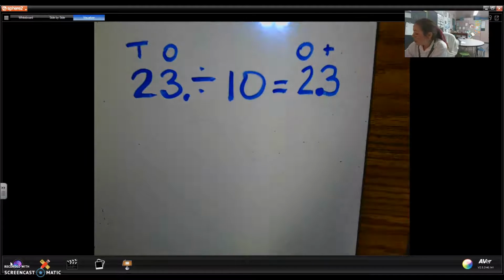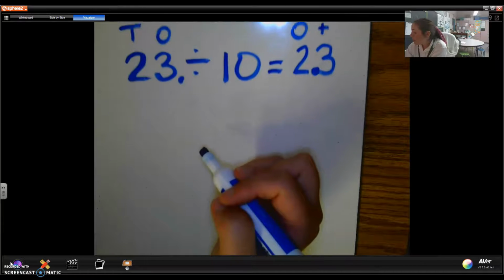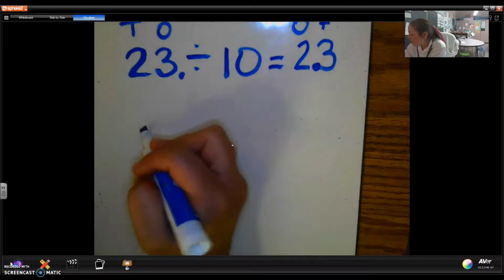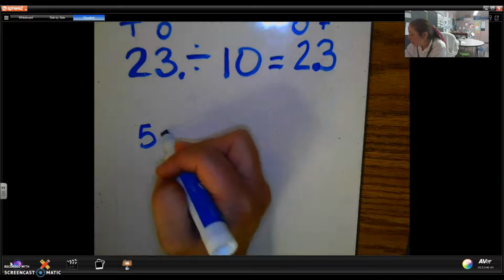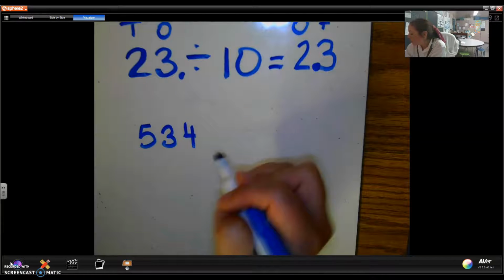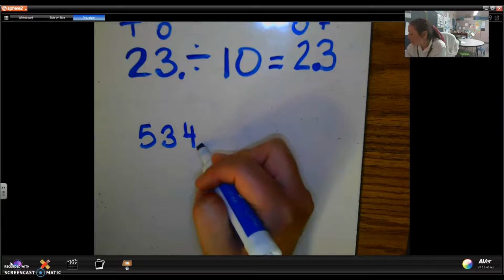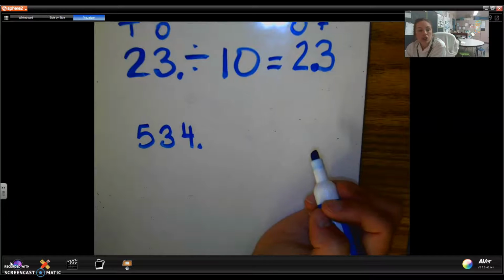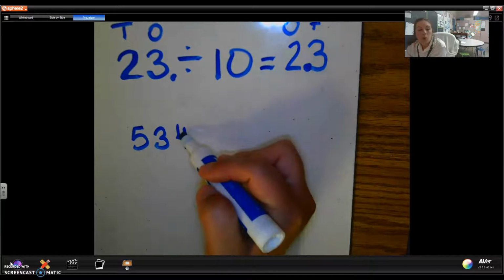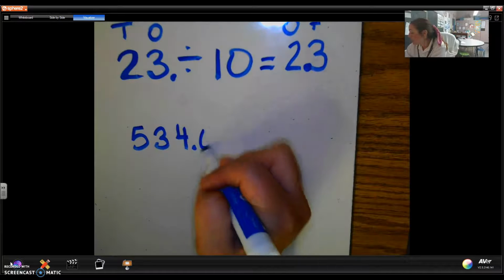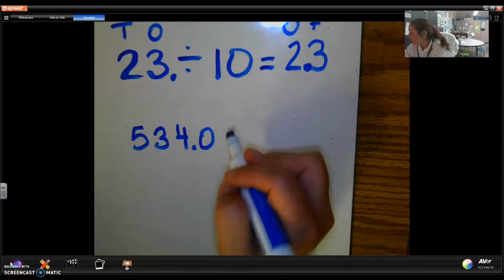Okay? What about if we divided 534? Let's go ahead and put that decimal to show that this is in the ones place, and I'm going to put a 0 after it.